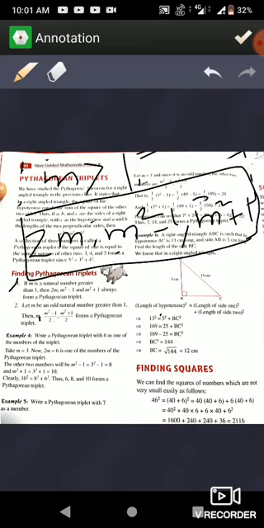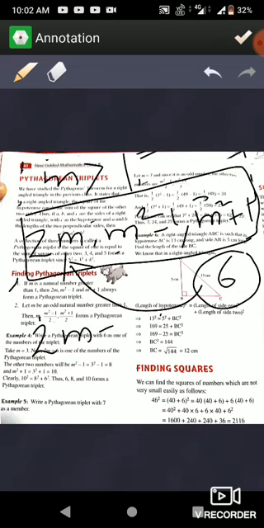Take an example. Suppose we have to find the Pythagorean triplets of 6. Okay. So this number is equal to 2m. Why? Because 6 is the first number of the Pythagorean triplets. So 2m is equal to 6. From here m is equal to 3. Now put the value of m equal to 3 in here.